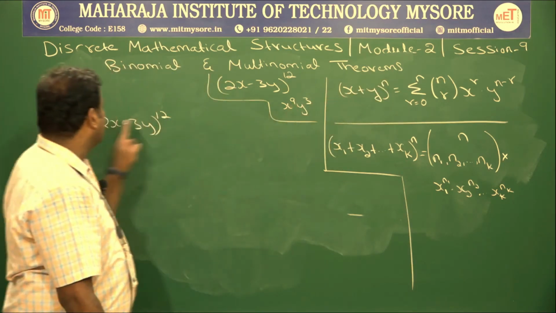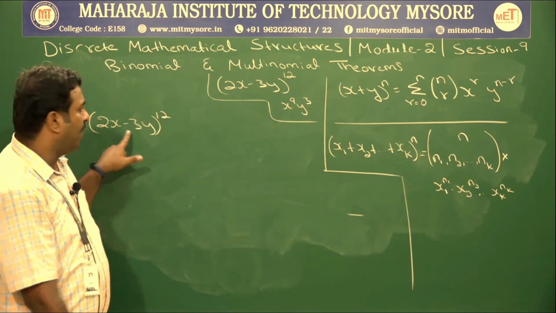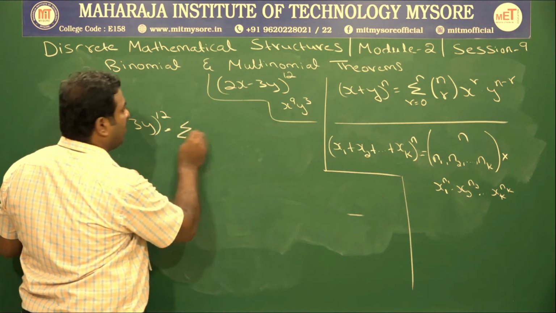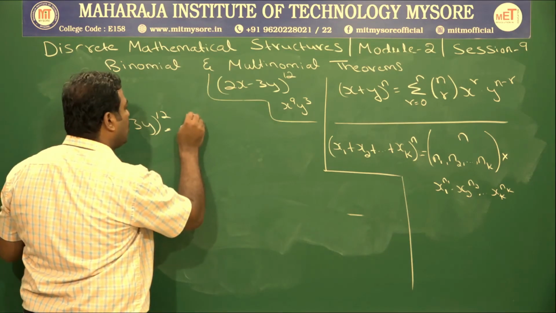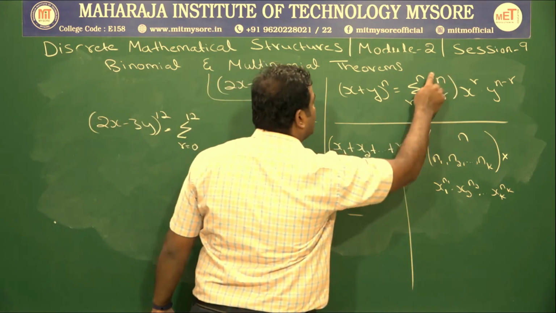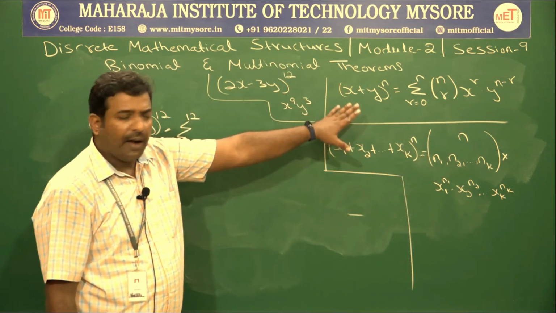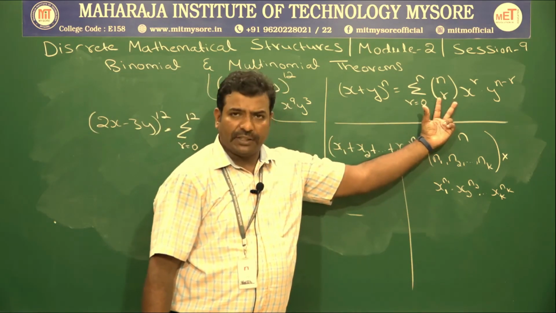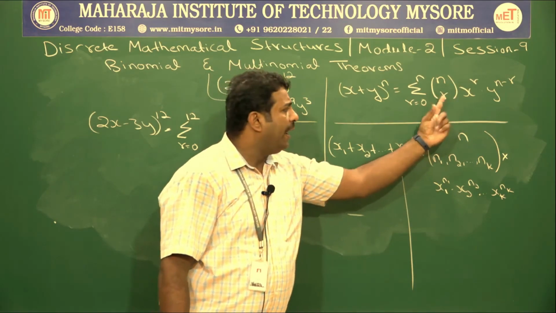The value of x is replaced with 2x and y is replaced with minus 3y. So this is equivalent to the summation of r equals 0 to n, which is 12, and whatever symbol I have used here is equivalent to the combination nCr, or C of n, r, which I can also write like this.